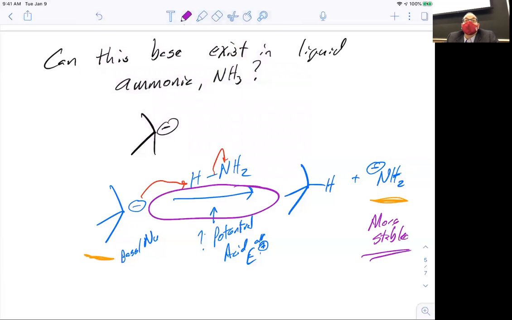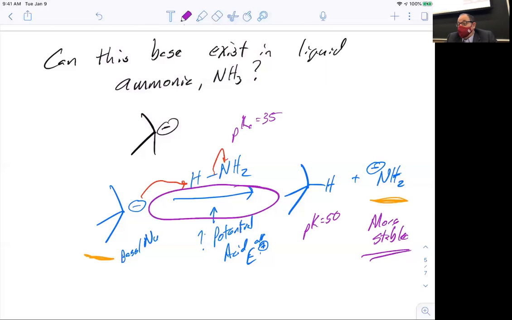Yes. You could guess it on pKa's, right? So the pKa here would be 50, and the pKa here would be around 35. And you could have also known just the relative pKa's.